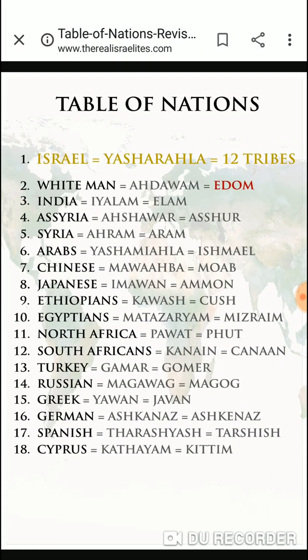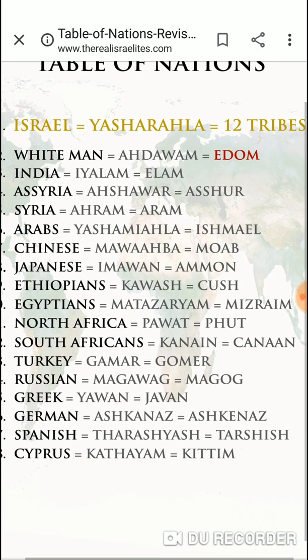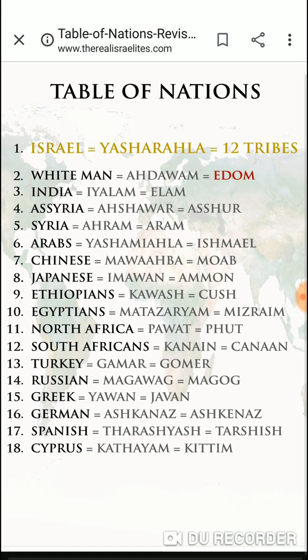So once again, this is the chart that I decided to use, and everybody can see the website that it's from and everything. This website has a lot of good information, and a lot of it is information that brothers and sisters already brought out.